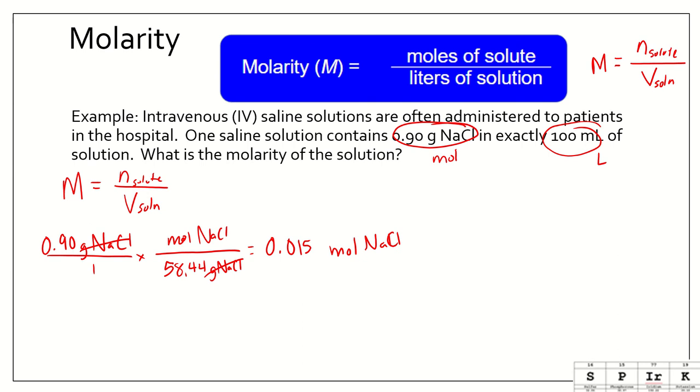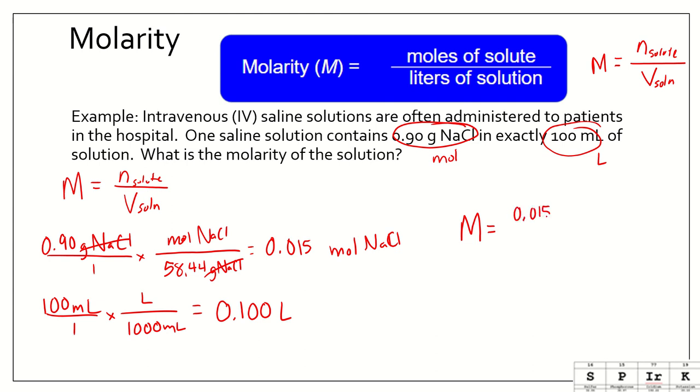Then let's go ahead and convert the milliliters into liters. 100 milliliters over 1, and there are 1,000 milliliters per liter. This is going to be 0.100 liter. Now we can go ahead and solve. So the molarity equals 0.015 mole divided by 0.100 liter.